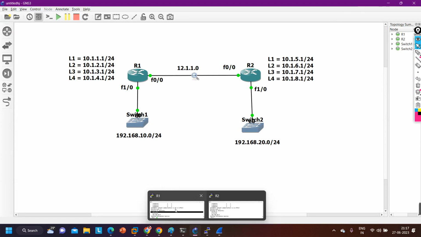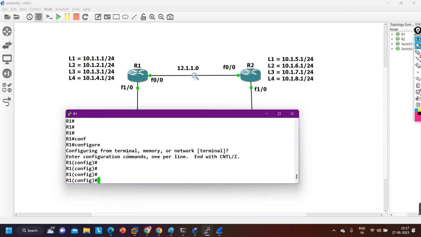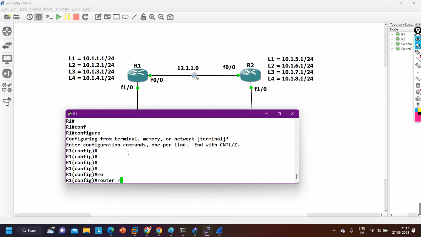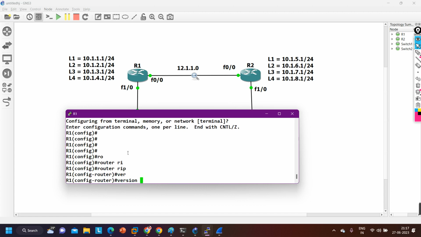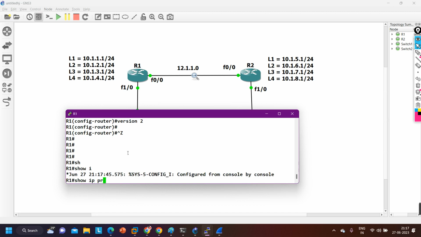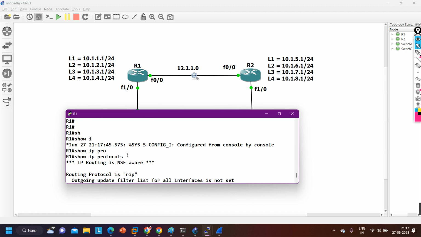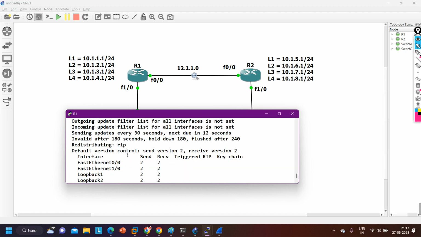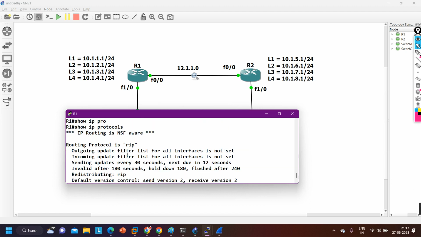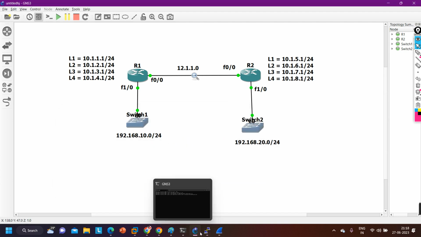So here we will use which version? Version 2. Let me define version 2 over here. Router RIP, version 2. Show ip protocol, version is version 2.